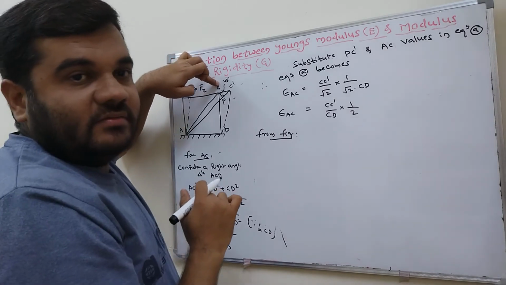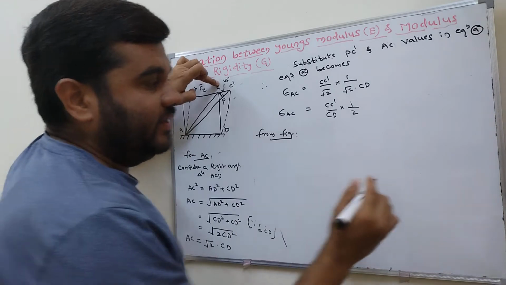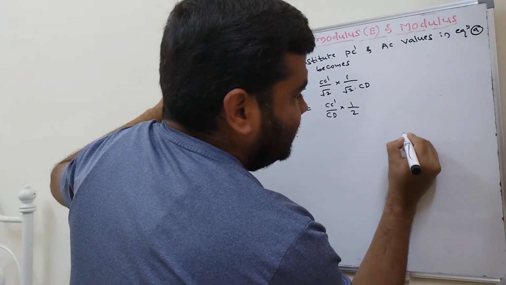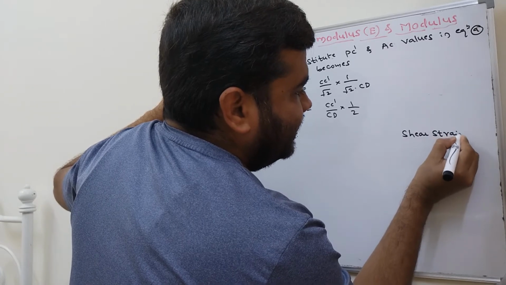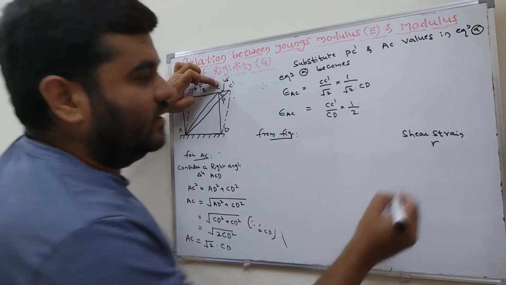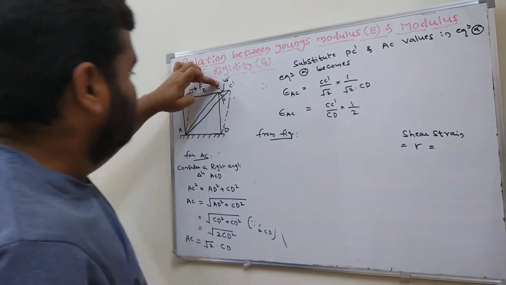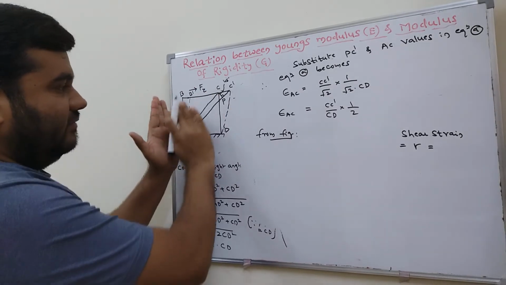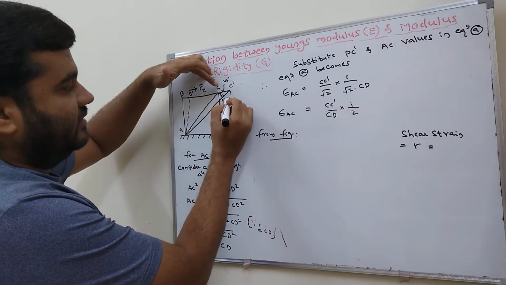Now we will come to the shear strain. What do you mean by shear strain? I will define here. This is normally denoted by gamma. When a body is subjected to shear stress, it will undergo certain deformation.